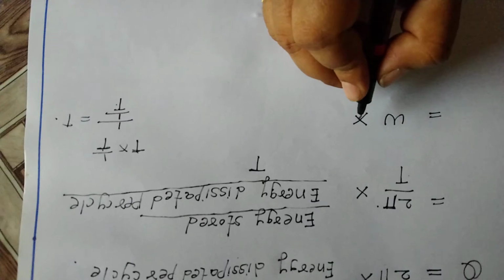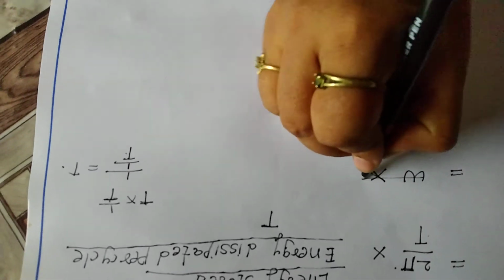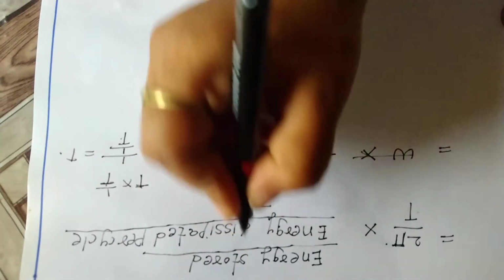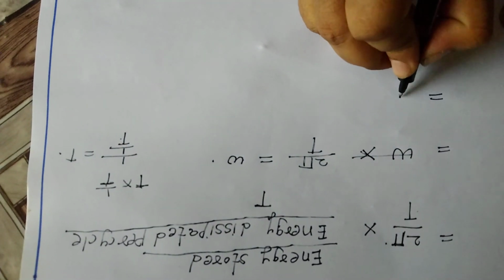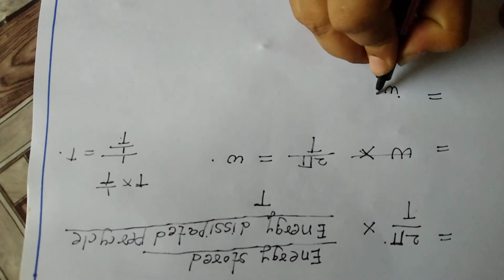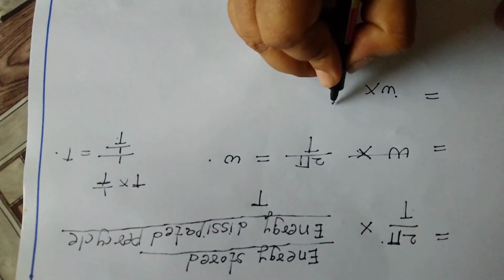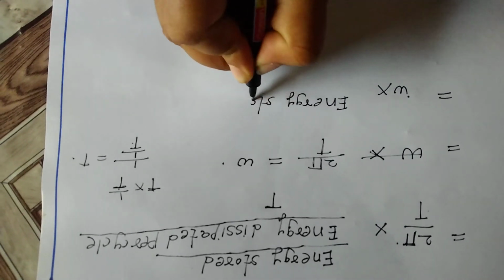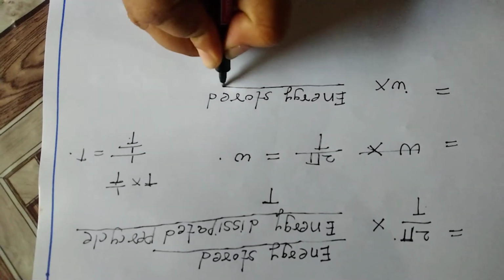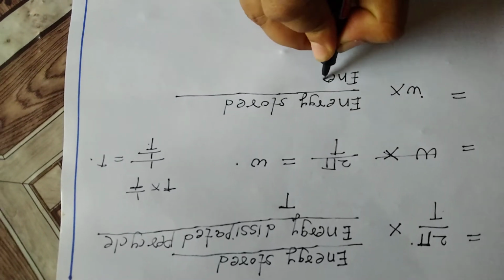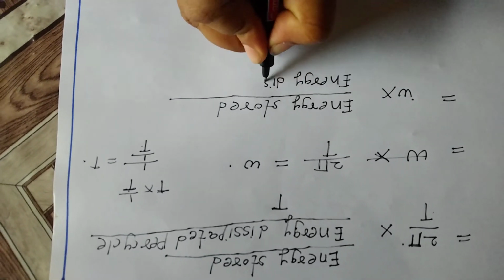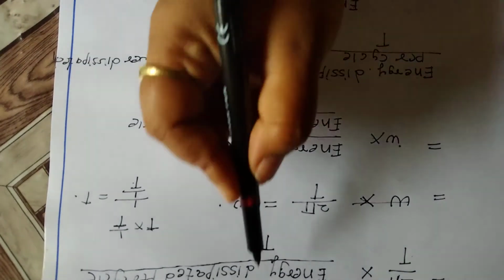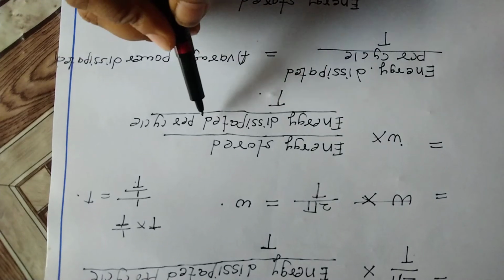2 pi by T is equal to omega. So the above equation is written as omega into energy stored divided by energy dissipated per cycle.